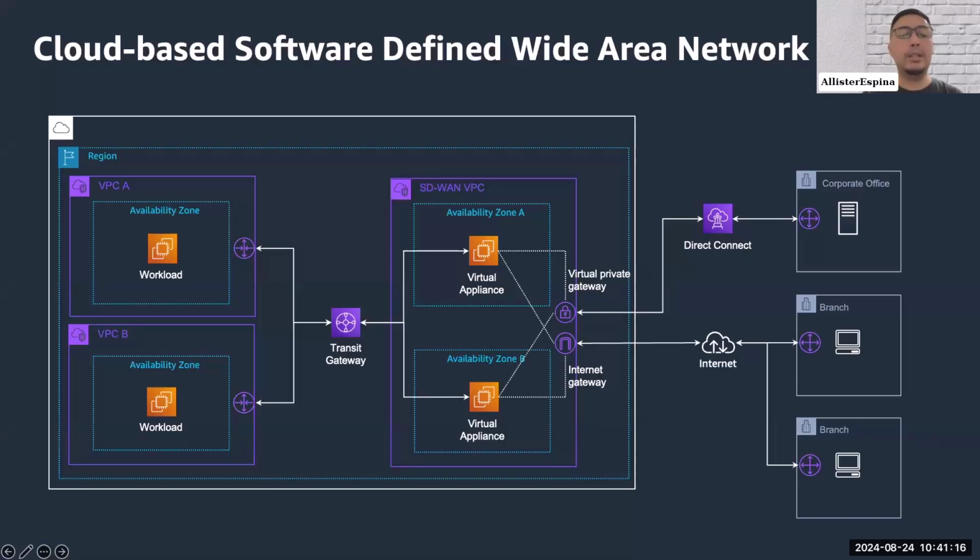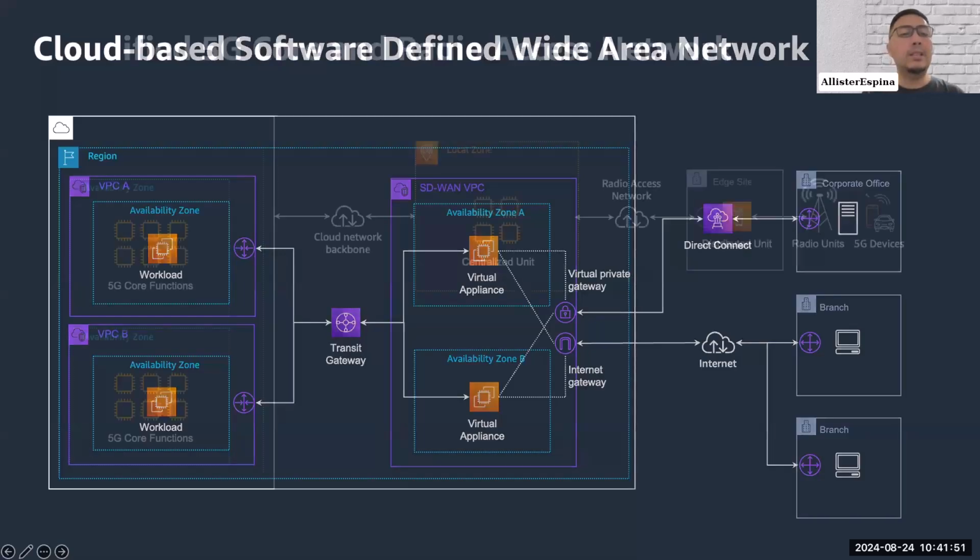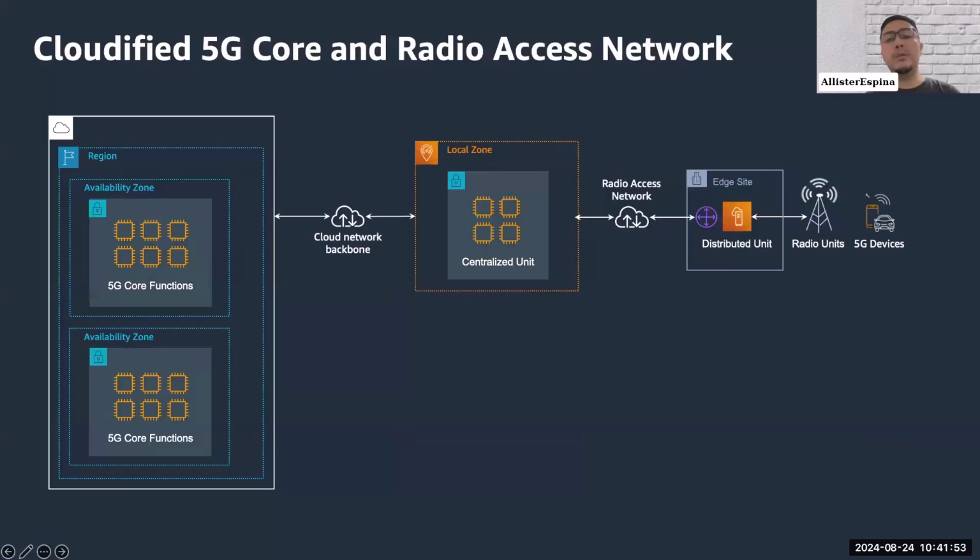So you have devices installed on the branches that communicate with the hub in the cloud. Again, you don't have to build the infrastructure, and you can provision the resources in a matter of minutes, and you can save costs because you're only paying for the traffic, the data, and the compute resources utilized as needed.